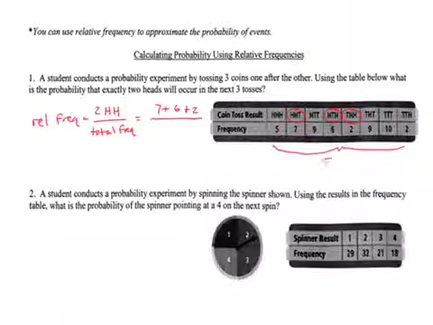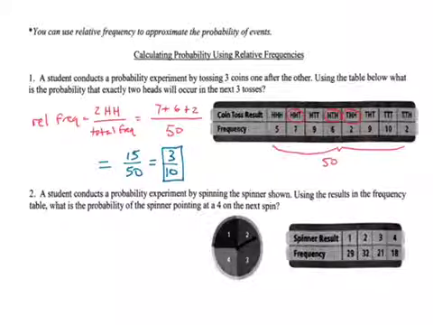There were 50 total throws here. So in this case, we're looking at 15 over 50, which reduces down to 3 over 10. So the probability of 2 heads is 3 out of 10 throws, or 0.3 as a decimal, or 30% in this case.